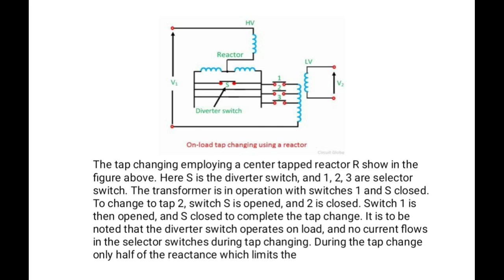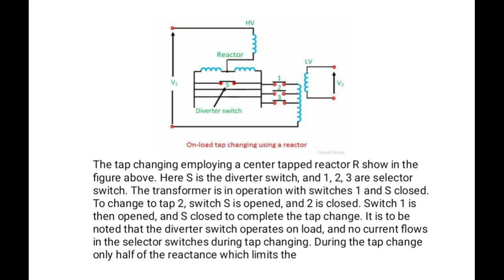To change the tap to 2, switch S is first opened and switch 2 is closed. Switch 1 is then opened and switch S closed to complete the tap changing process.